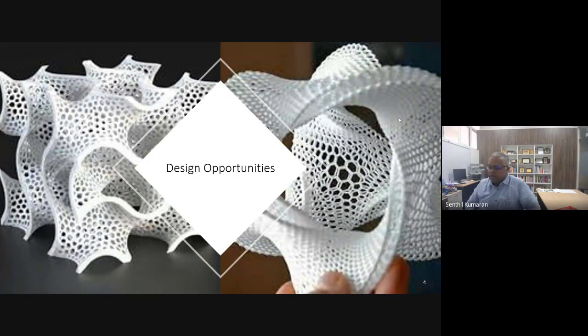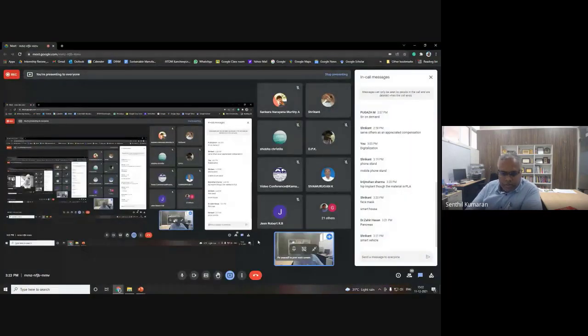Okay, somebody wants to print the pancreas. Great, so good. So organs, you can print a lot of organs. Somebody wants to print a smart vehicle. I'm not sure what you mean by smart vehicle.